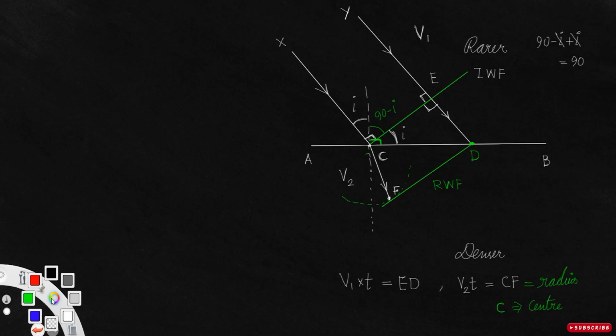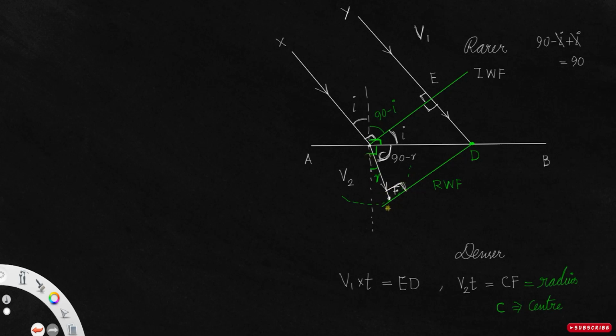Now coming to the angle of refraction, this is the angle of refraction, R. Since this angle is 90, we have this angle 90 minus R. Clear? This angle. Now we know this angle is 90 again.